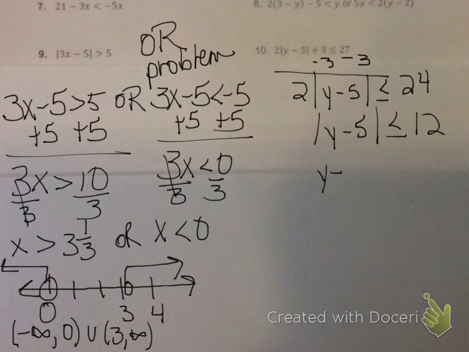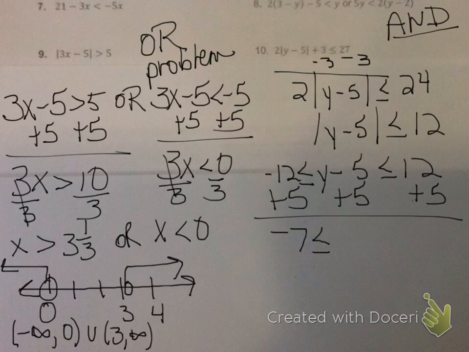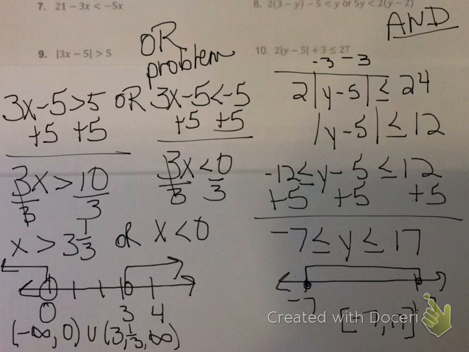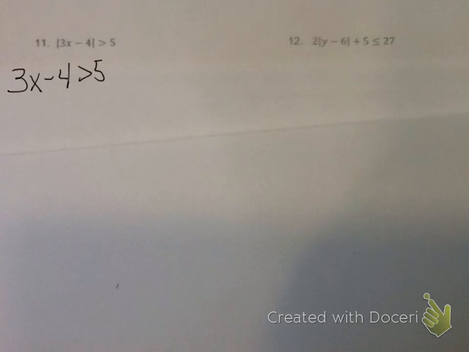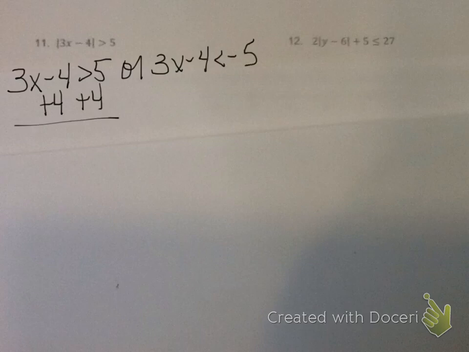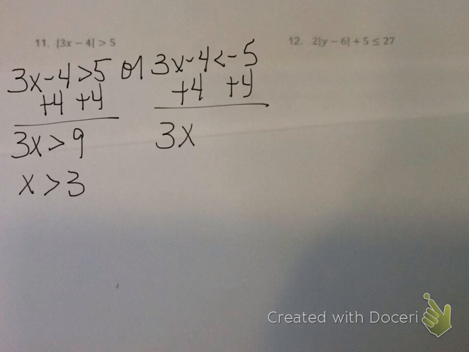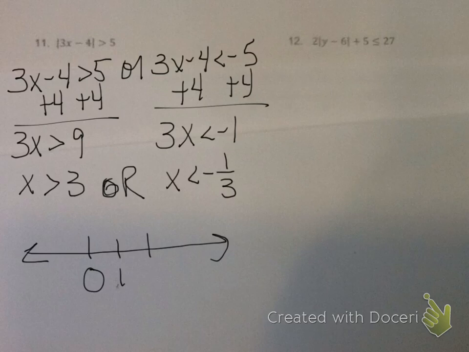When you have a less than, it is an AND, where you could take it out of the absolute value, put it in the middle, put less than signs in between. This is a greater than, which is an OR. So make sure when you go to put it to the negative, you flip the inequality.